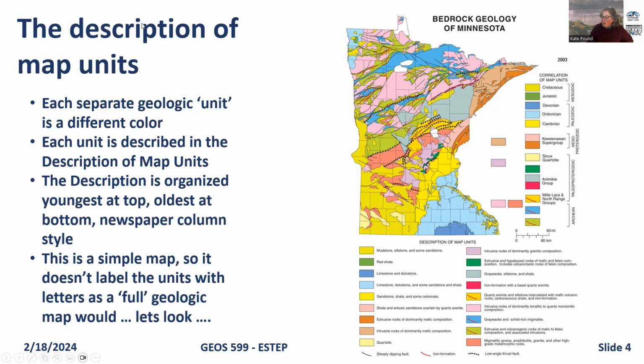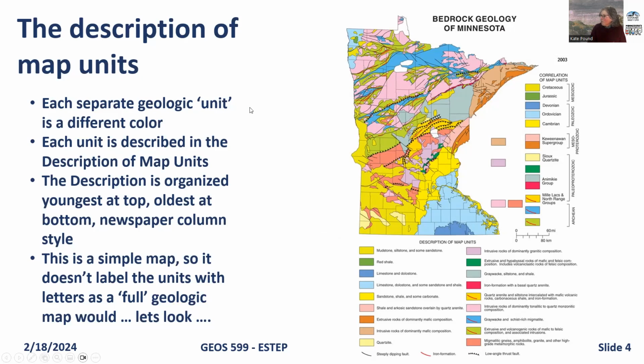So the first thing we're going to look at is the description of map units. Here we're down in the lower area. The rocks get divided up into different units, and for a map of this size and scale, a lot of units get lumped together.